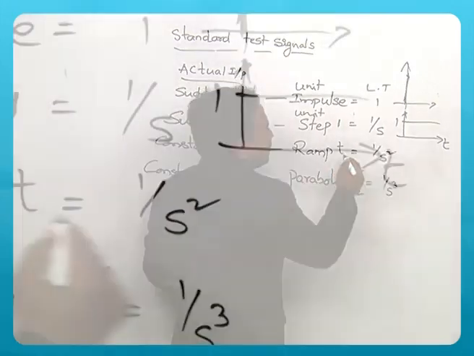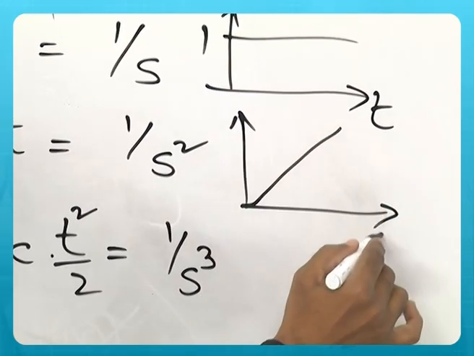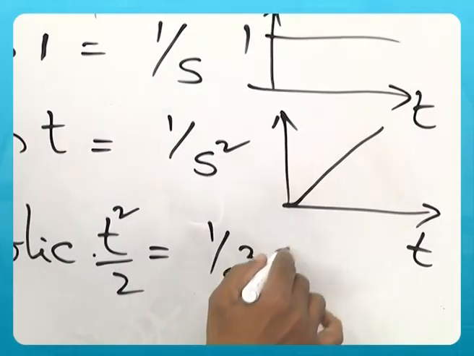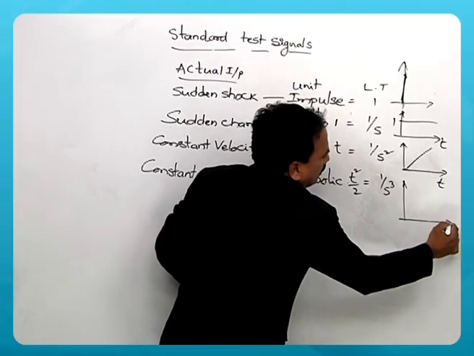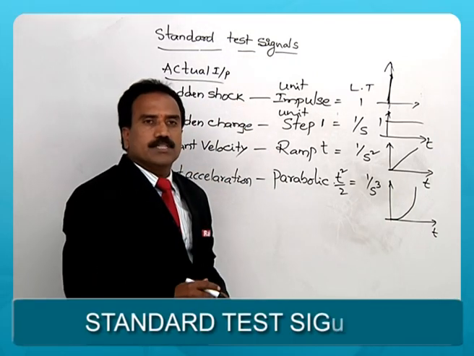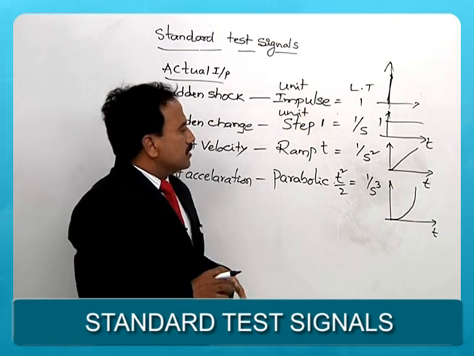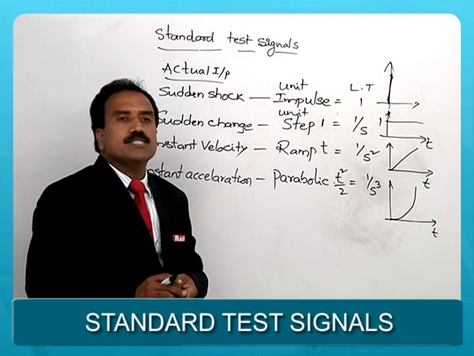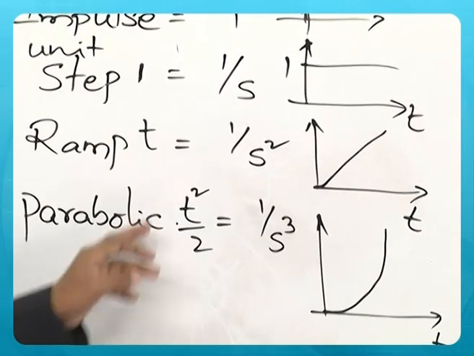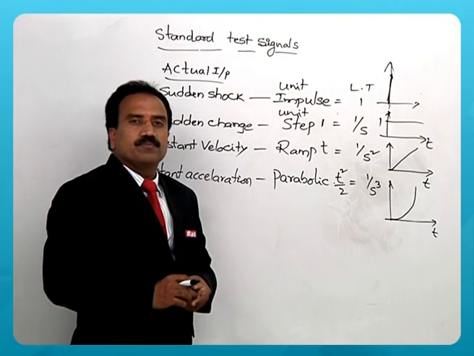Ramp is the signal that varies linearly, and parabolic is the signal as a function of time. This is the way they are represented. These are the standard test signals available in control systems, and you should know the Laplace transform of all these signals: 1 by s, 1 by s square, 1 by s cube.